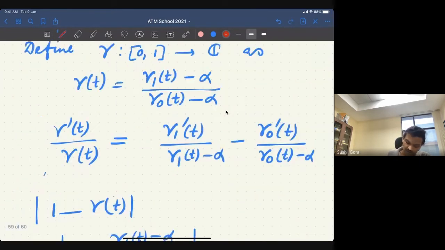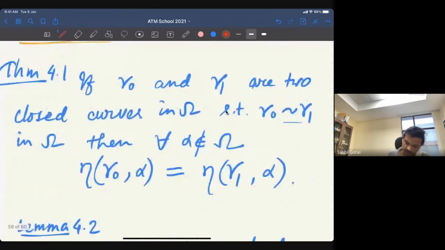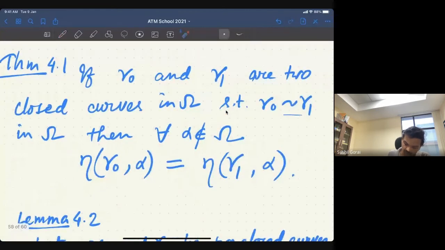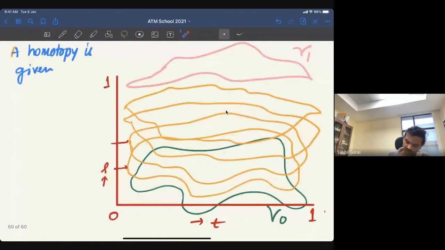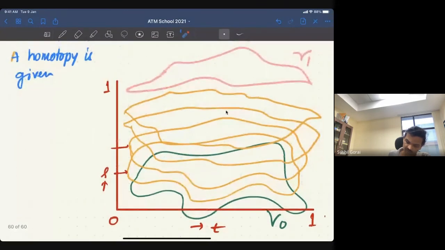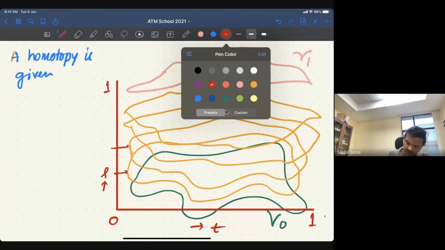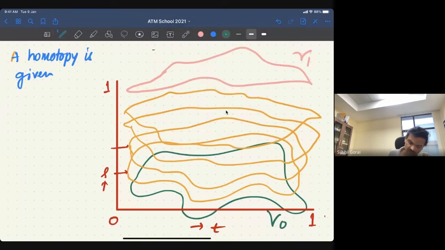The point is, one other thing is given, which is crucial. Alpha does not belong to omega. So let me draw omega. So this is a domain omega.